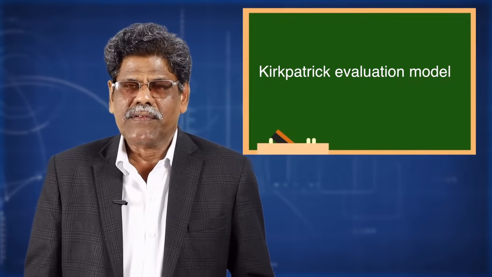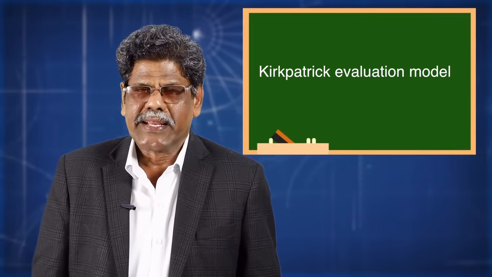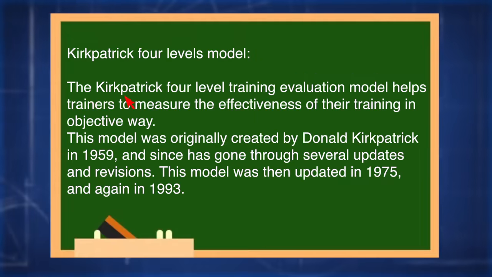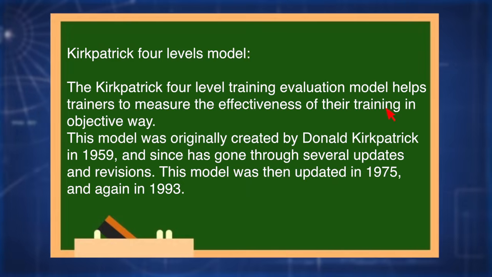Now we will see the Kirkpatrick evaluation model. This Kirkpatrick 4-level training evaluation model helps the trainers to measure the effectiveness of their training in an objective way. This model was originally created by Donald Kirkpatrick in 1959 and has gone through several updates and revisions.